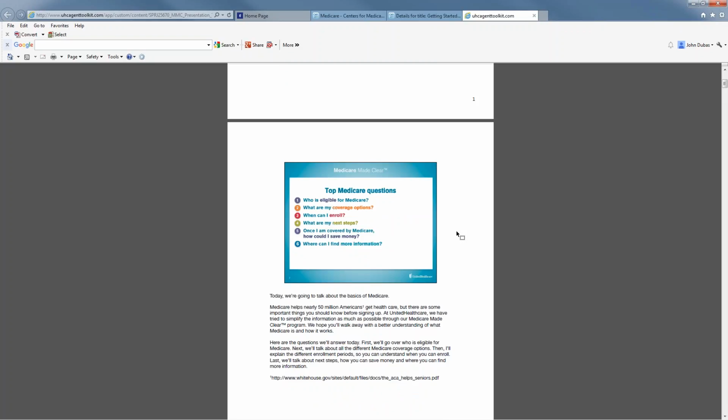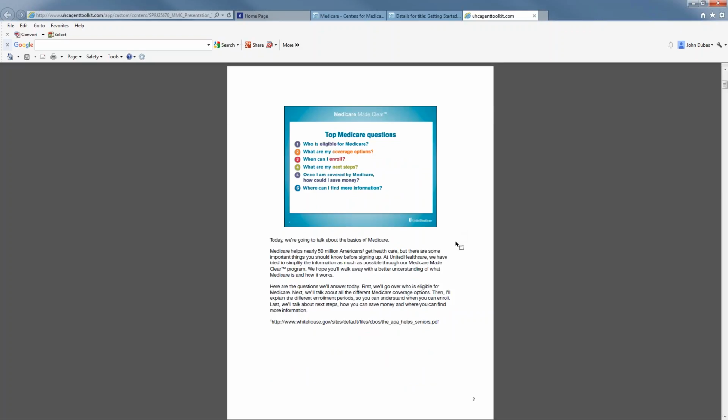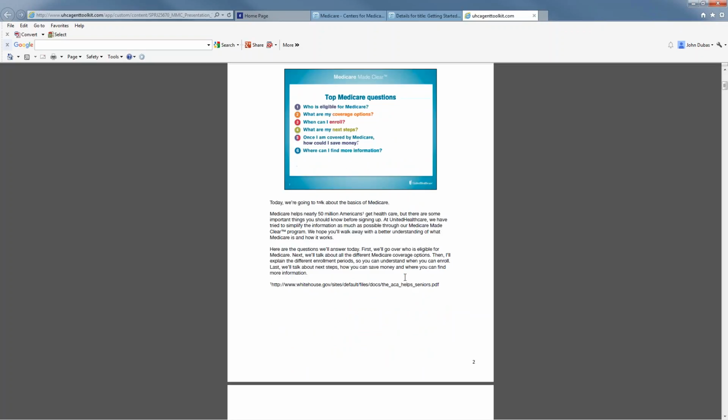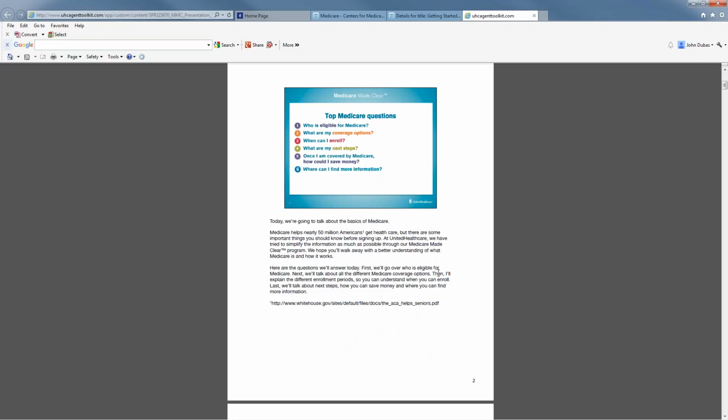We speak to some of the top questions most folks have about Medicare: who's eligible, what are your options, when can you enroll, what are your next steps, and if you're covered by Medicare, how can you save additional dollars and find the information to do so. It then speaks to some different categories. Nearly 50 million people are on Medicare. That depends upon a date, and in this circumstance it's about 53 million, and about a sixth of that population is on Medicare under the age of 65.